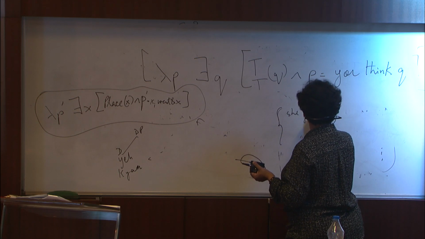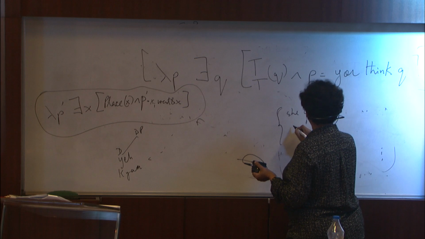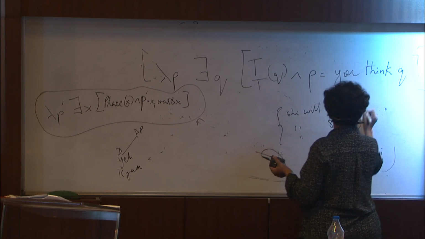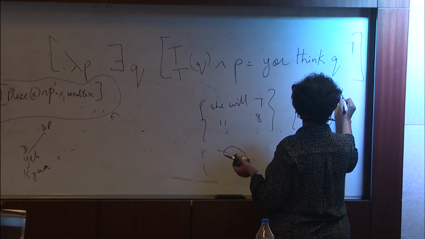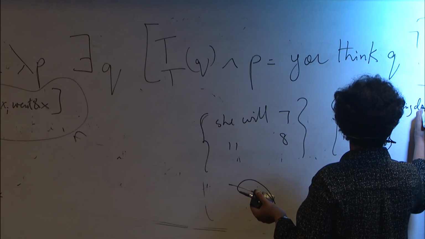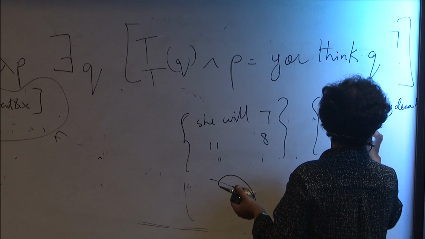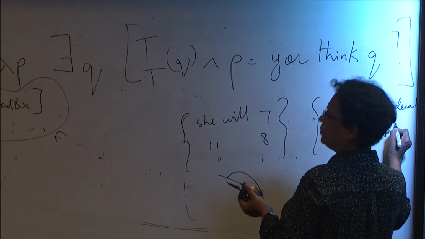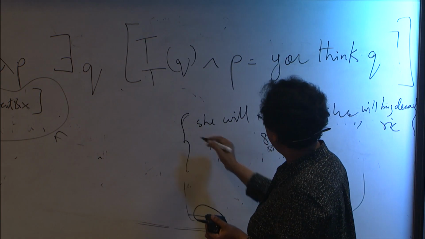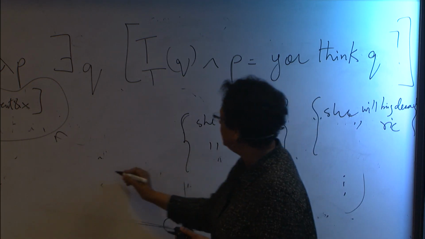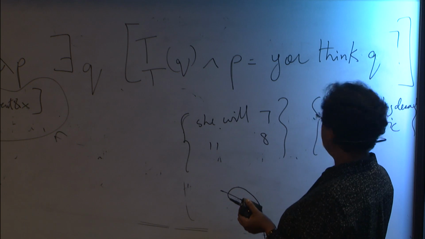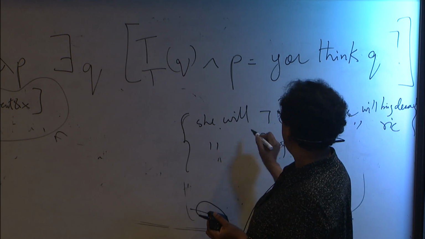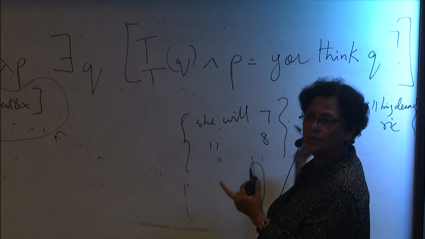She will come at 7. She will come at 8. What will she bring? She will bring dessert. She will bring rice, whatever. And then what you create out of this is the set of propositions P such that there exists a Q in this, there exists a Q in this, and P prime is the intersection of Q and Q prime.